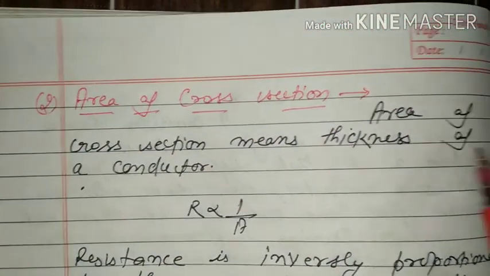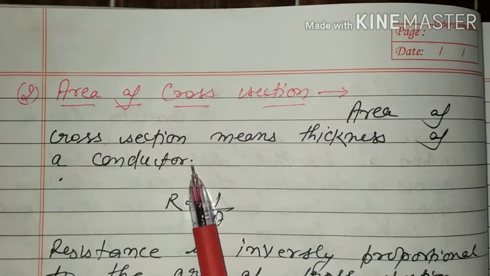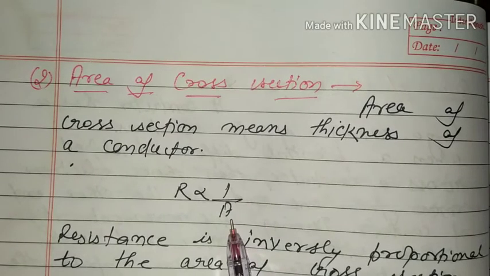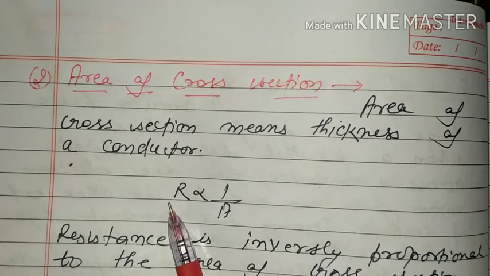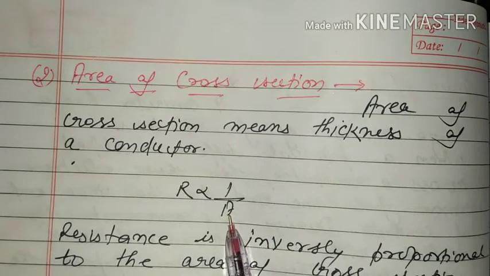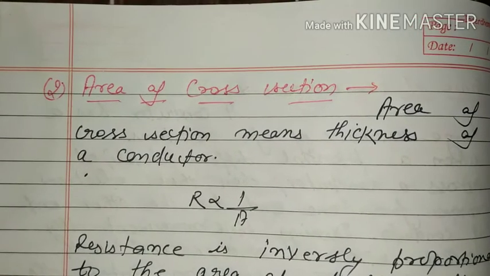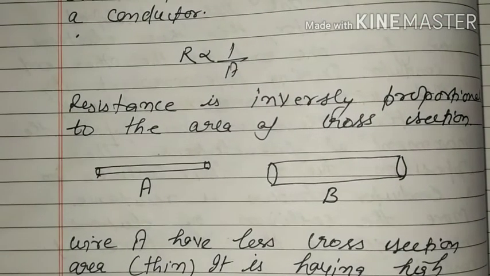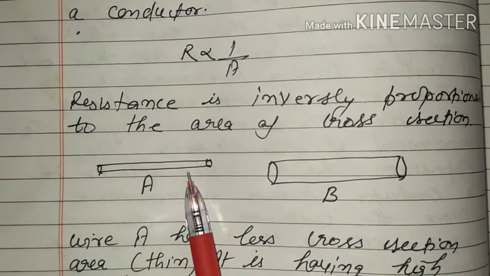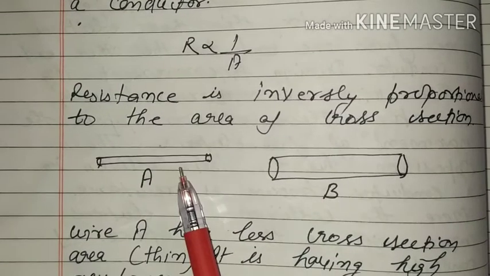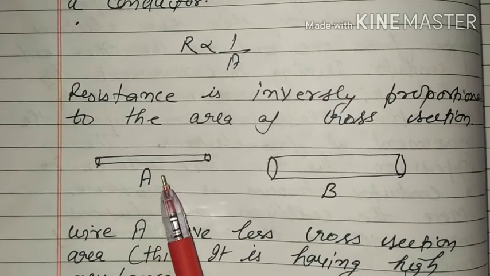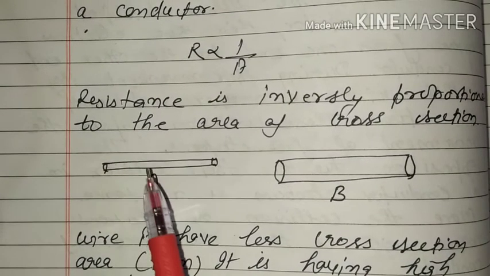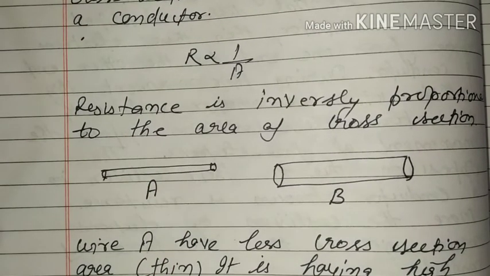Second, the area of cross section. Area of cross section means the thickness of a conductor. Resistance is inversely proportional to 1 by A. Inversely means if this increases, this decreases, the opposite. Resistance is inversely proportional to the area of cross section, meaning a thin wire has high resistance and a thick wire has low resistance.